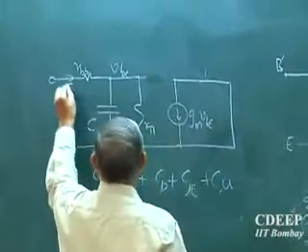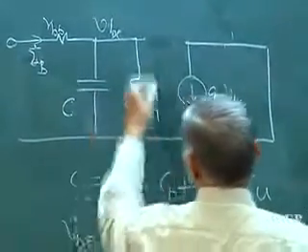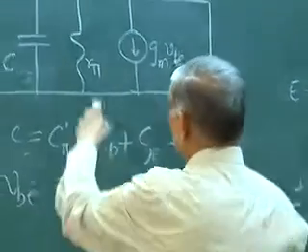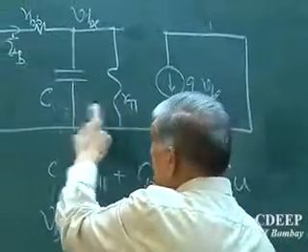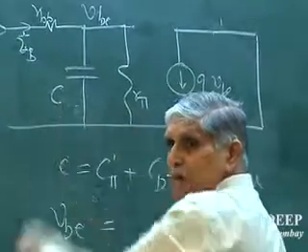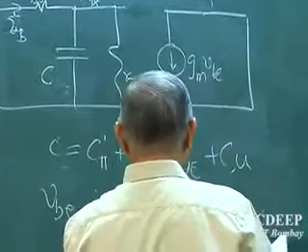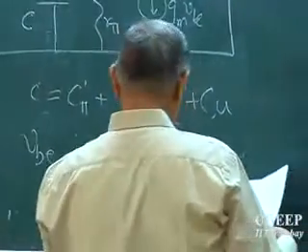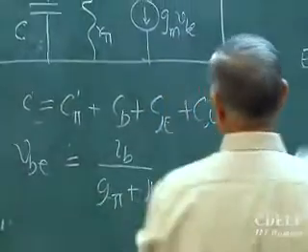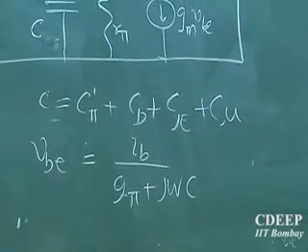Let us say IB is the current flowing here, small IB. ये तो पैरेलल कॉम्बिनेशन है, तो कितना इम्पीडेंस होगा? शंट कर रहे हैं, तो G पाई प्लस J ओमेगा C इंटू IB is VB. So IB upon G पाई प्लस J ओमेगा C टोटल इज योर VB। दोस्तों ठीक है?